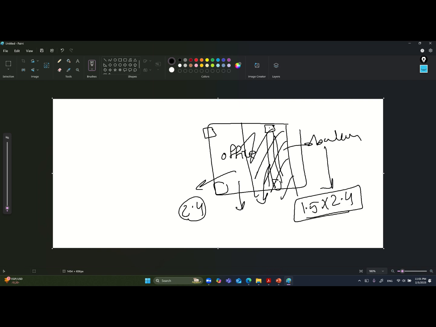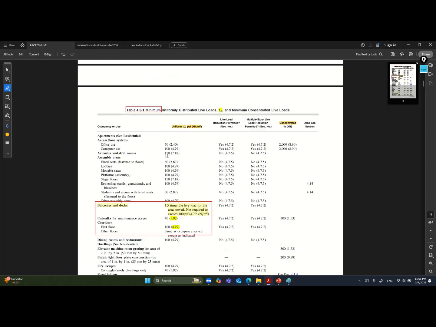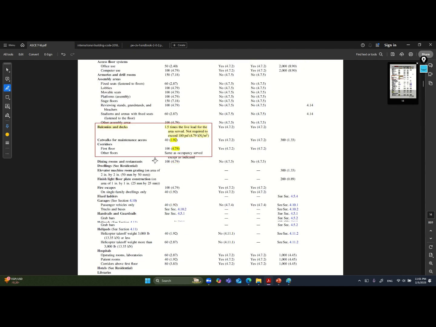That is the idea of the exam. It is very simple, very straightforward, but you must understand each thing. So if you have a balcony or a deck in a plan he gives you in the exam, you must understand that this part needs to be multiplied by 1.5, but not to exceed this value. So it is very important to apply this value correctly.